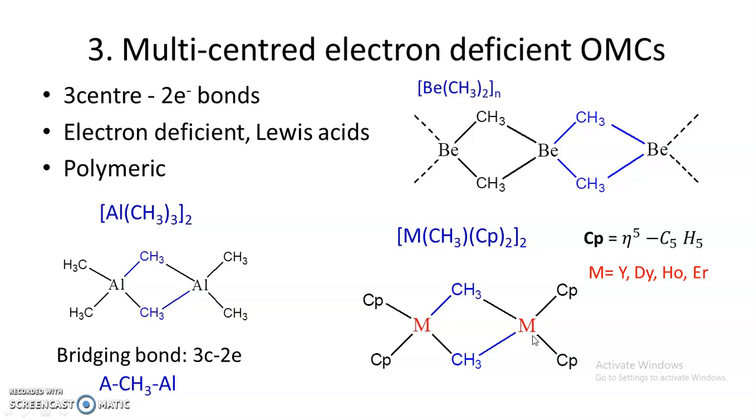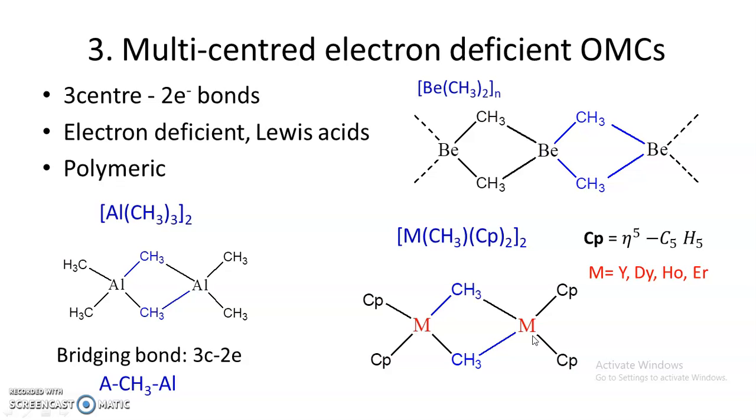So in this way, there are 3 types of organometallic compounds. In ionic organometallic compounds, there is an electrostatic force of attraction between a carbanion and a highly electropositive metal cation. In sigma bonded covalent organometallic compounds, there is a normal metal-carbon sigma bond, which is a 2 centered 2 electron bond.